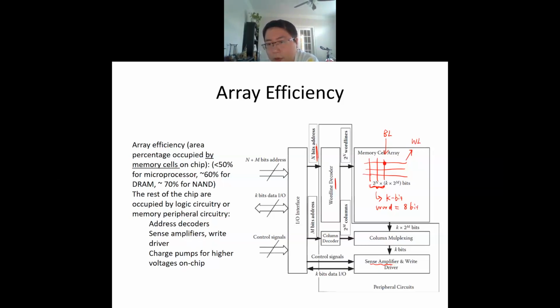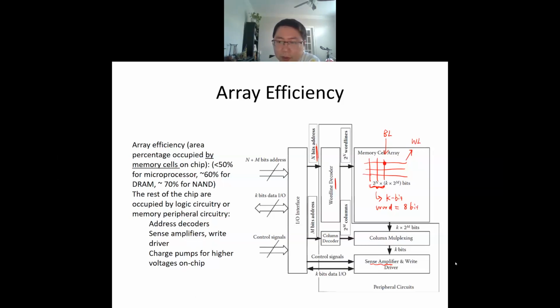You need to sense the data, whether it's 0 or 1. And then you need to amplify the signal, because typically the 0 or 1 actually has a very small signal. For example, if 0 is like 0.1 volts and 1 is like 0.9 volts, then you need to sense those voltages and then amplify that to the digital 0 or digital 1. This is what the sense amp does.